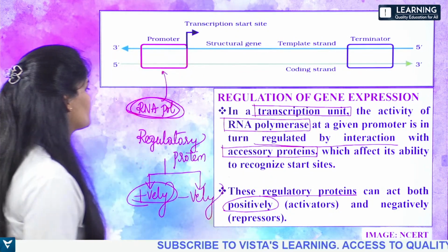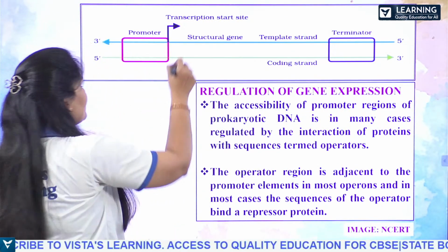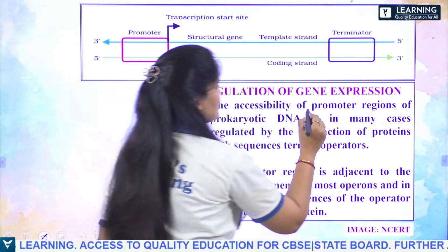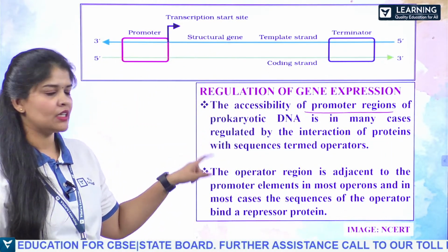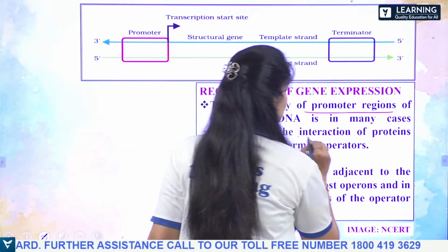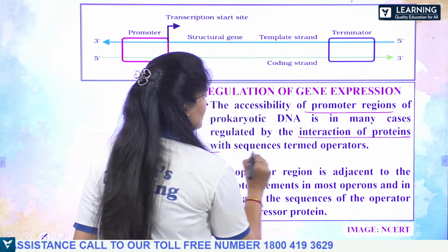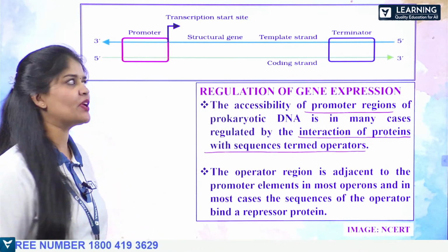Now, the accessibility of the promoter region of a prokaryotic DNA is in many cases regulated by the interaction of proteins with sequences we term the operator.